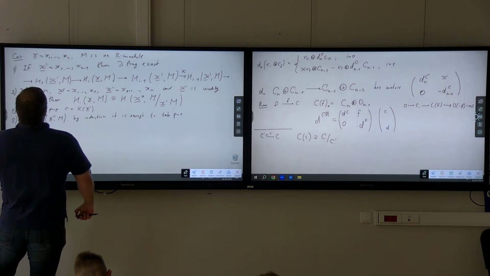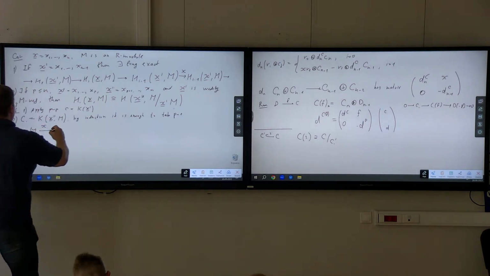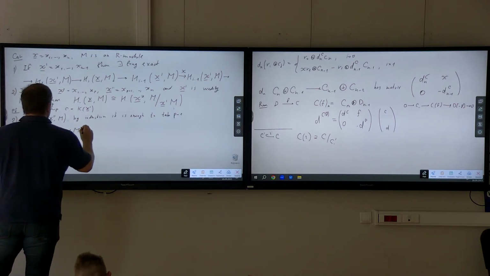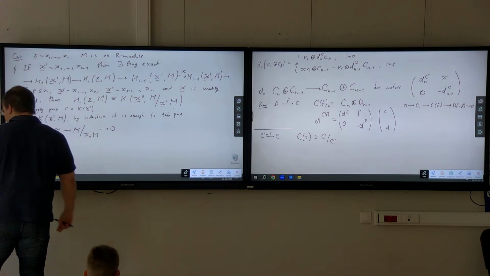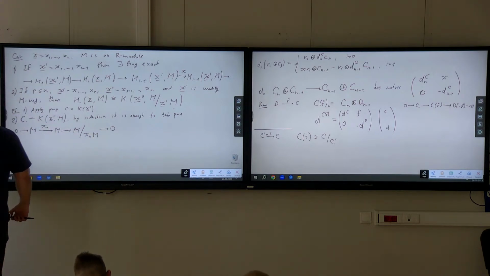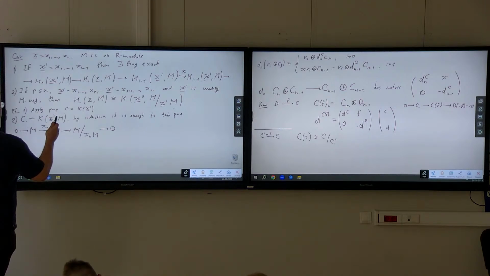So what's this weakly regular? X double prime. So I think we have x1, M, and then the quotient. Wait. I'm assuming that x prime is weakly regular.